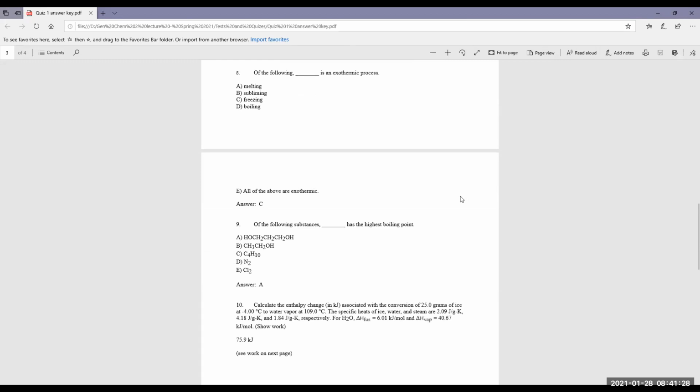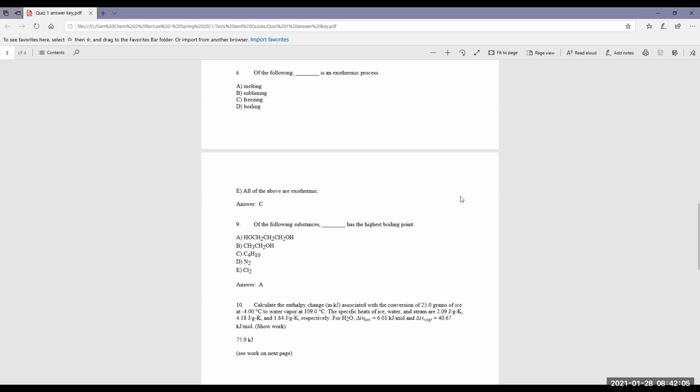Number 9, which of these substances has the highest boiling point? If you're trying to figure out the highest boiling point, you want to go with the one that has the most intermolecular interactions. So the diol, which is OH, CH2, CH2, CH2, OH, has your regular dispersion forces, but you also have 2 instances of hydrogen bonding with those OH groups on each end.